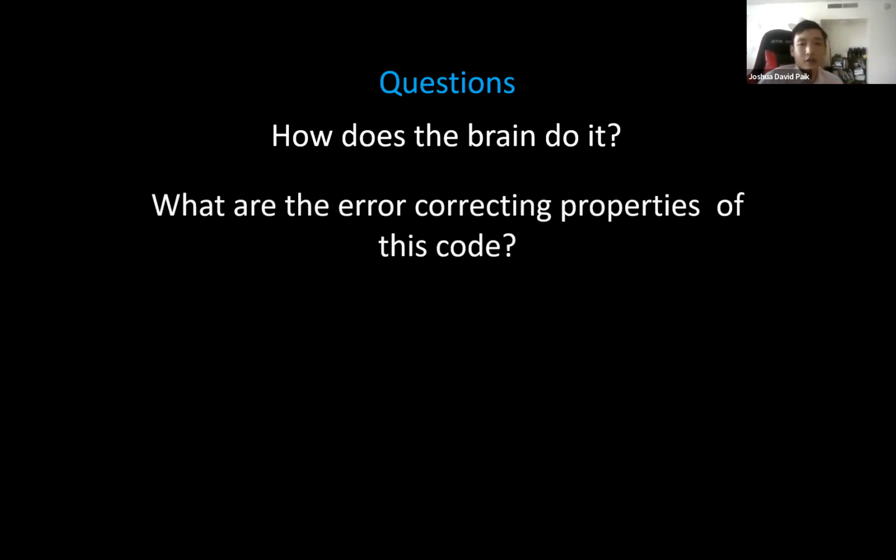Maybe another question is, if we take the problem of intersections of convex sets and we're producing a code from that, what kind of error correcting properties does this code have?